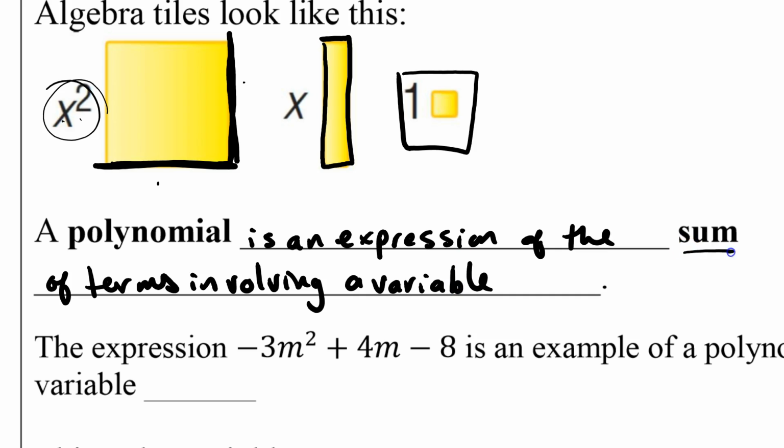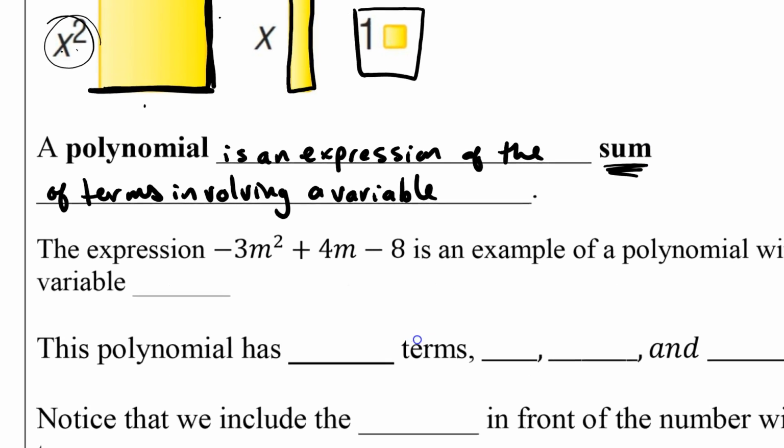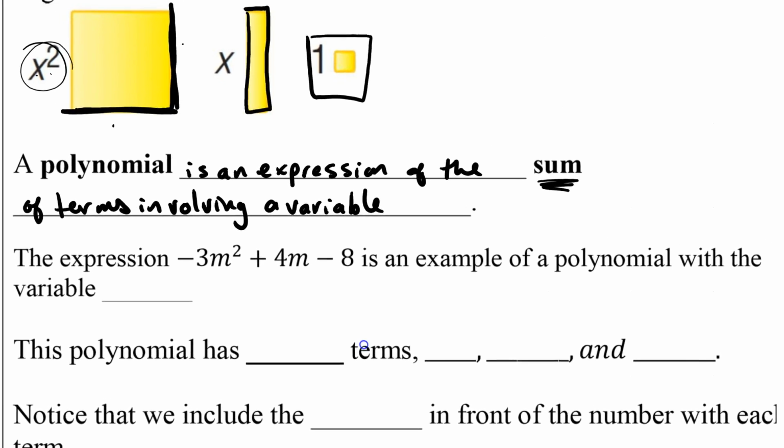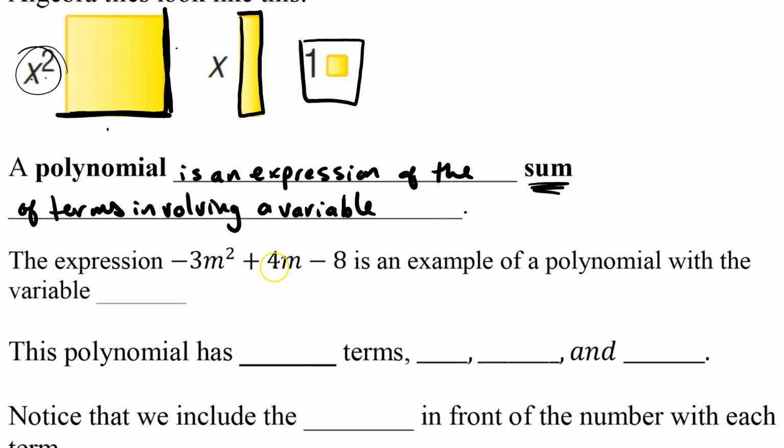You're noticing that there's the sum, but there are also negatives. Just think about it as adding negative numbers. The expression negative 3m squared plus 4m minus 8 is an example of a polynomial with the variable.